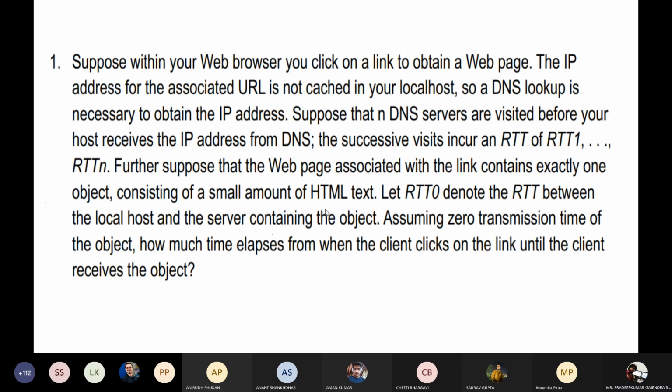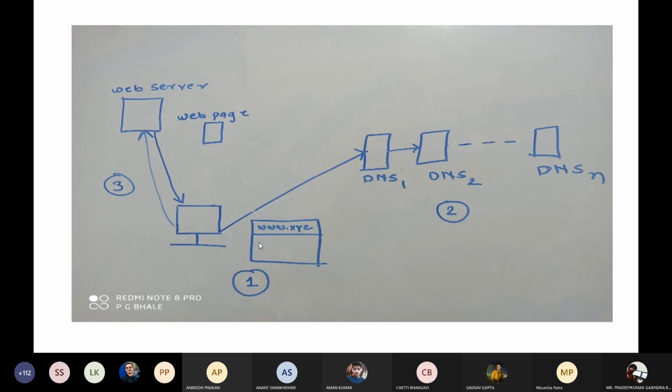Okay, then I will explain how to approach this type of question. See here, the first step: this is your computer, in that is your client, and you want to type some web address, that is www.xyz.